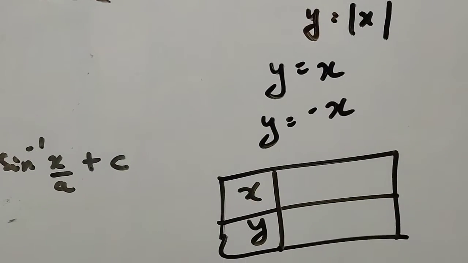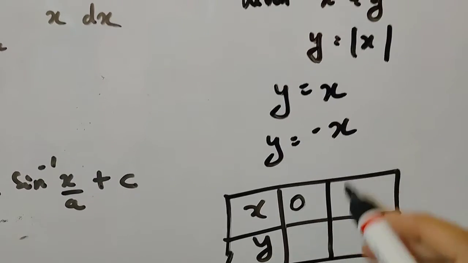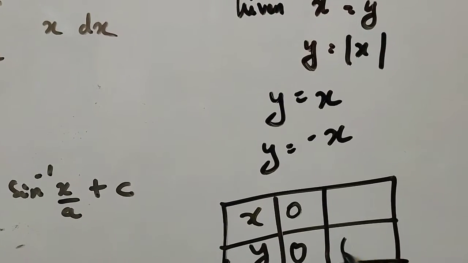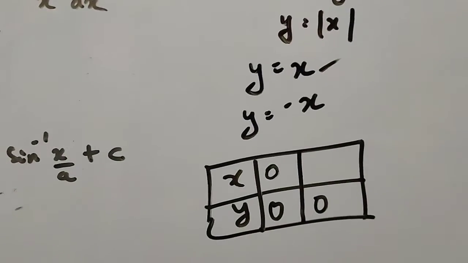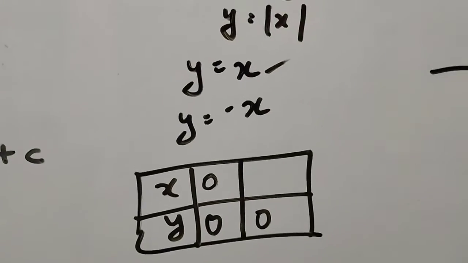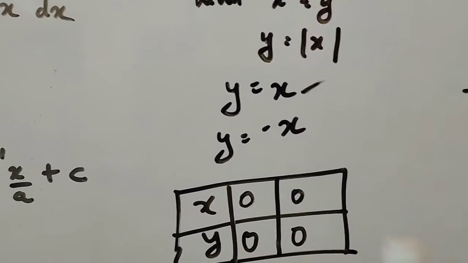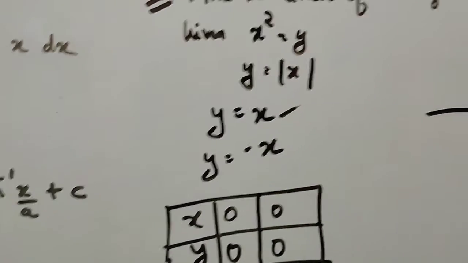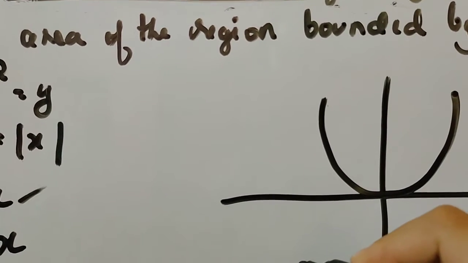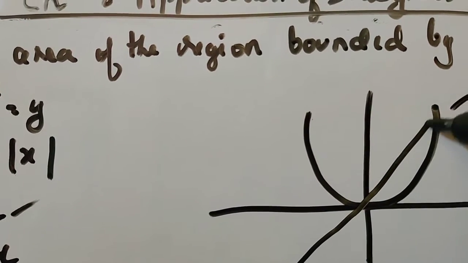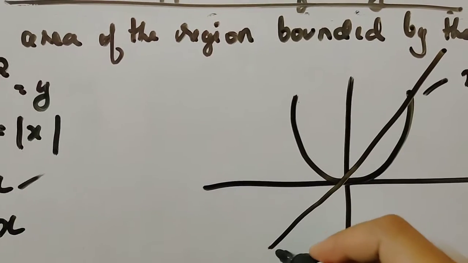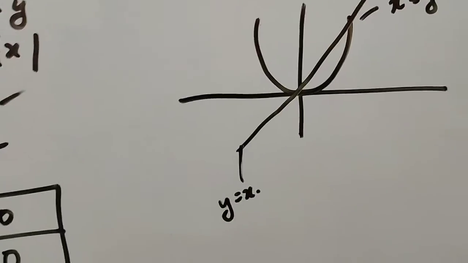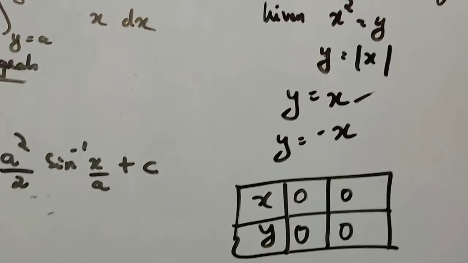If my x is equal to 0, then my y is also equal to 0. If my y is equal to 0, I'm doing this for the first part, then my x is equal to 0. So that means the line is passing through the origin, for the first line, that is y is equal to x. This line.